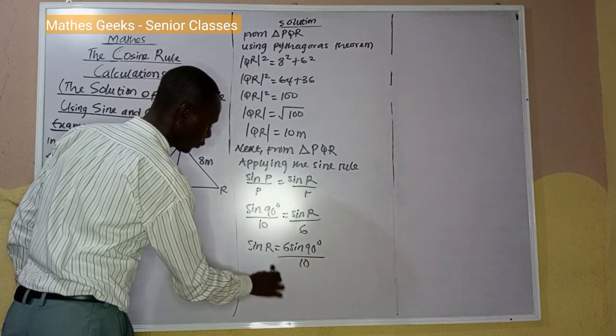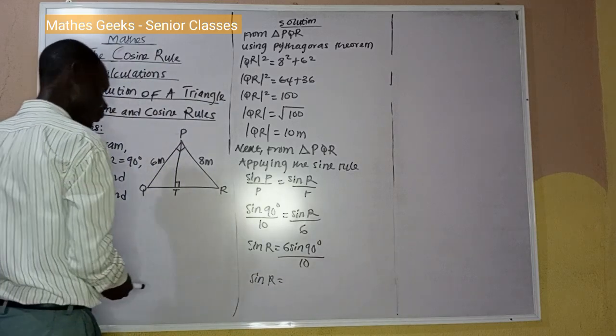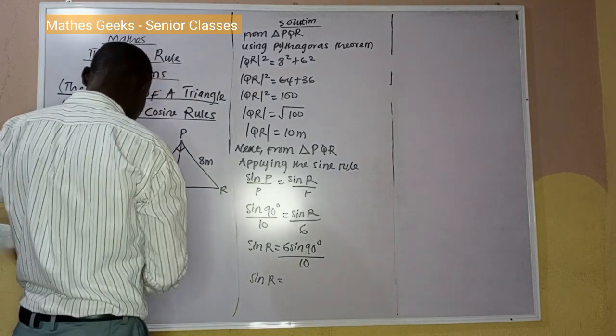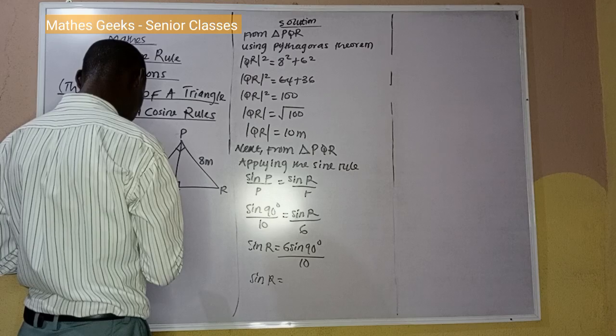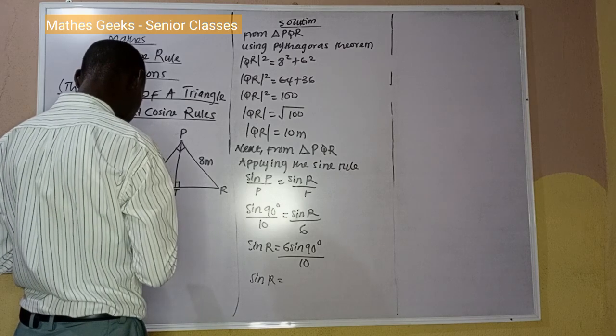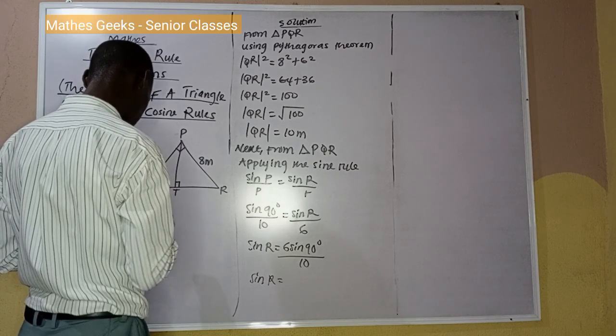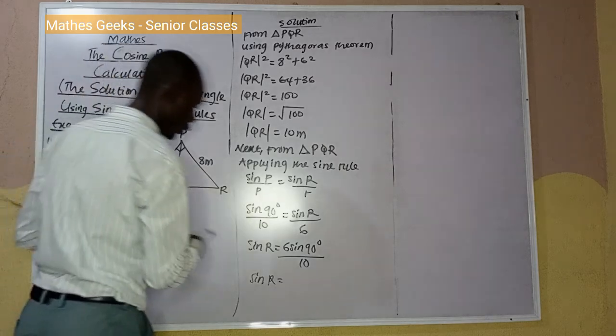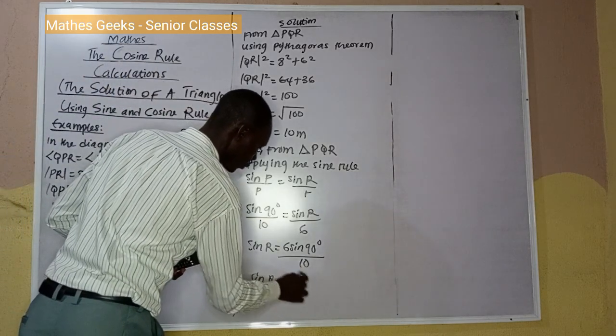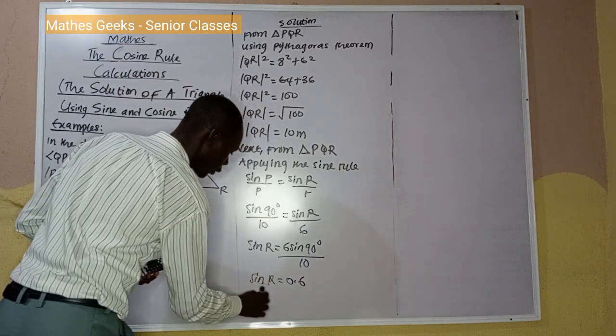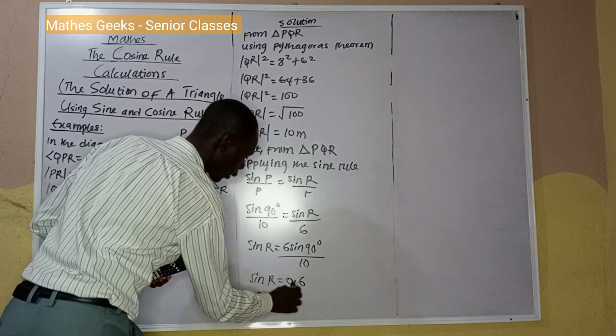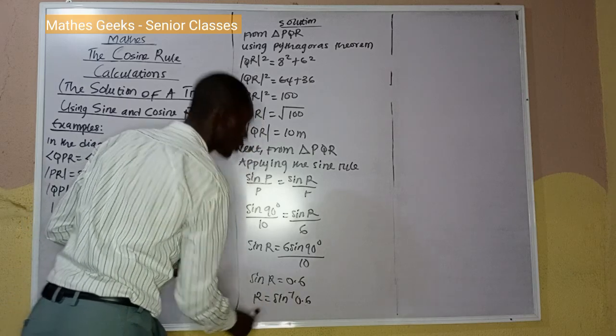So sine R is equal to 6 sine 90 degrees over 10. Sine R is equal to 0.6. So R is equal to arcsine 0.6.